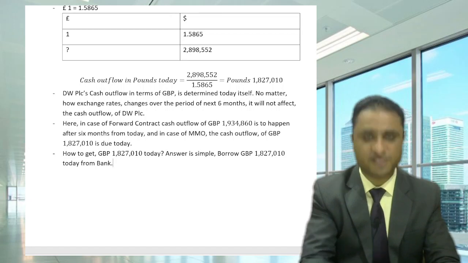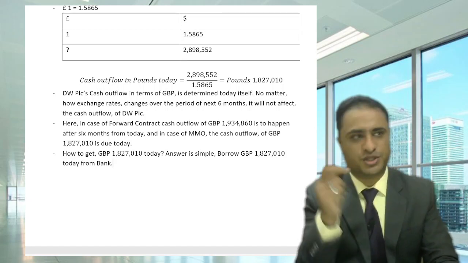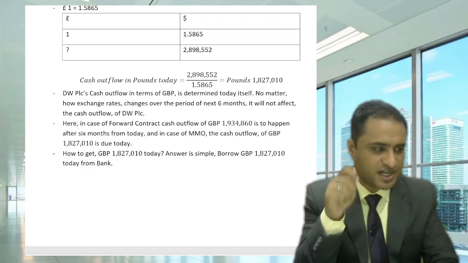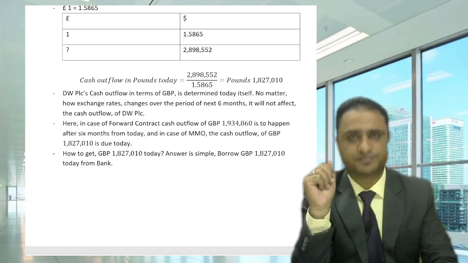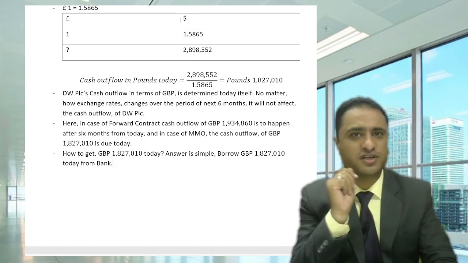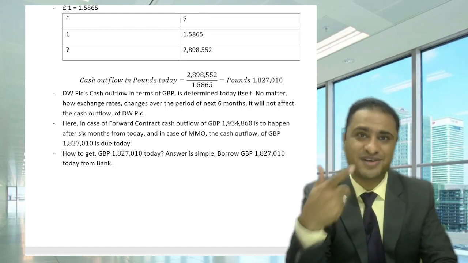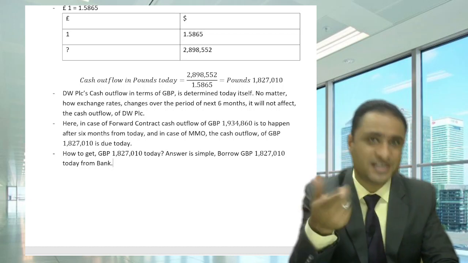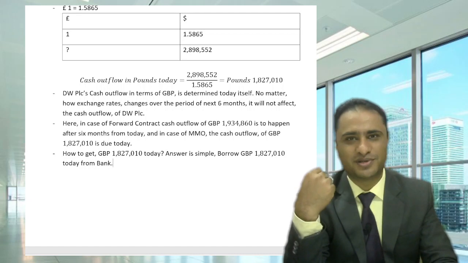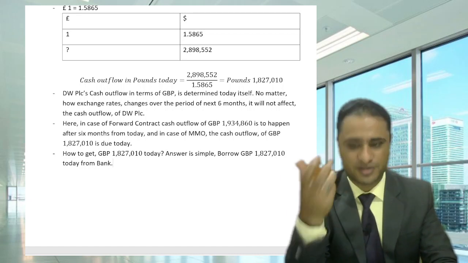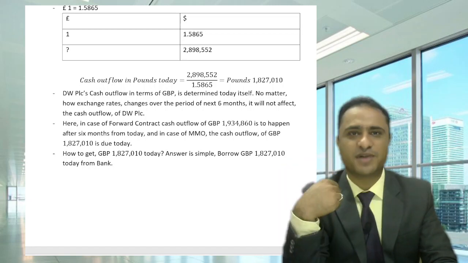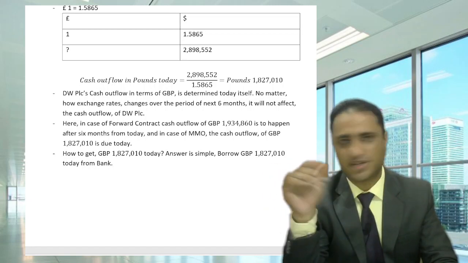Just borrow it. First, you borrow the Great Britain pound. By using those Great Britain pounds, you buy the dollar. Then you invest the dollar in such a way that all your investment in dollar will exactly become $3 million at the end of 6 months. After 6 months, withdraw your deposits and pay to the foreign supplier. So payment is done. That part is over.